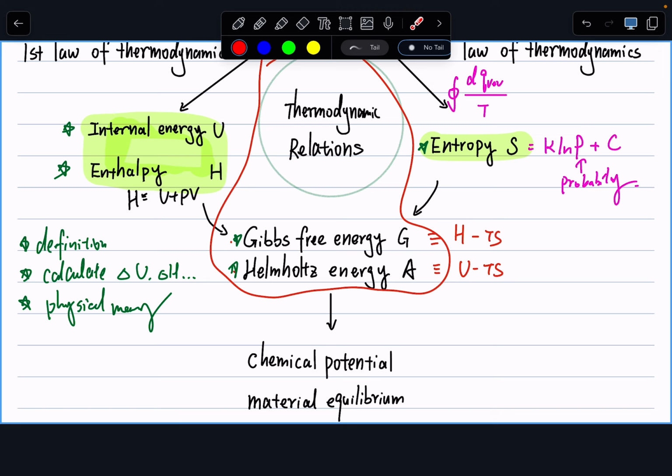For alpha V, more typically, we solve for alpha using the equation of state. Now, what is alpha? Alpha is 1 over V times dV over dT at constant P, right?